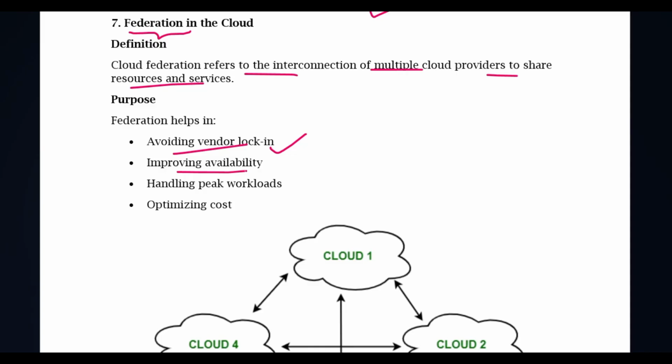This is the future we want, and the future of federation is a topic in this unit also. This single line summarizes the whole crux: if there is federation among cloud service providers in future, then it will be able to handle the kind of disruption that happened with AWS during Diwali.